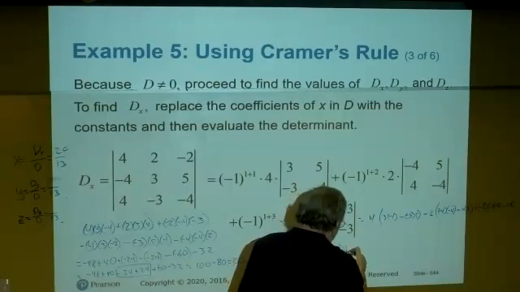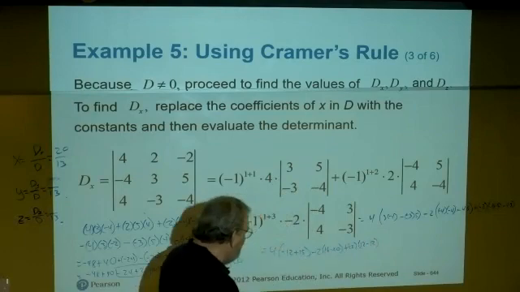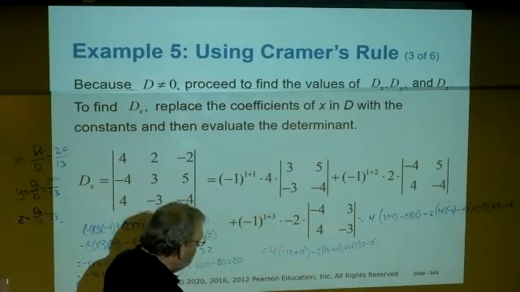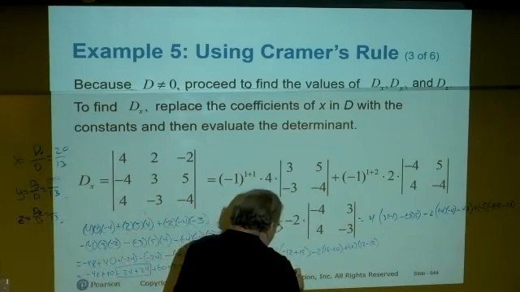And then, like I had said before, we get a negative 2 times 12 minus 12. This gives me 4 times 3.